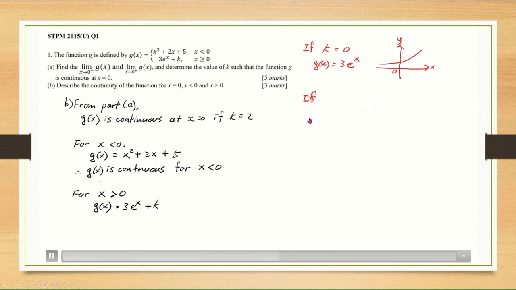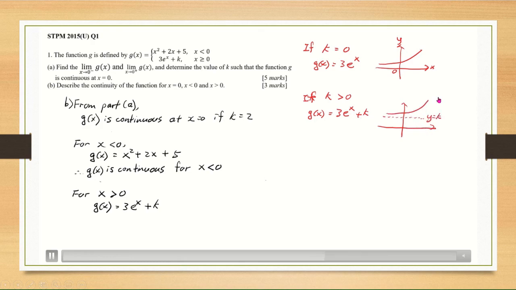Then we consider k greater than 0, where k is positive. When k is positive, we shift the whole curve upwards by k units.